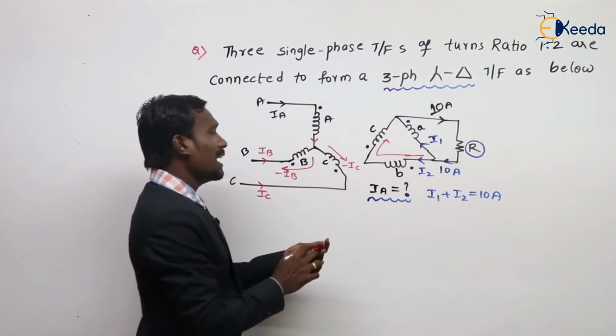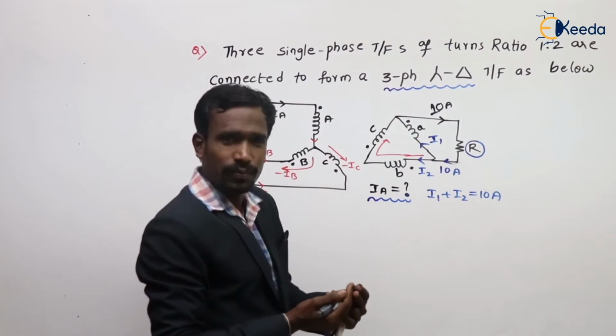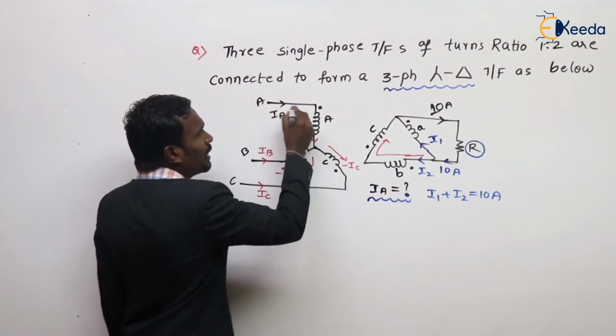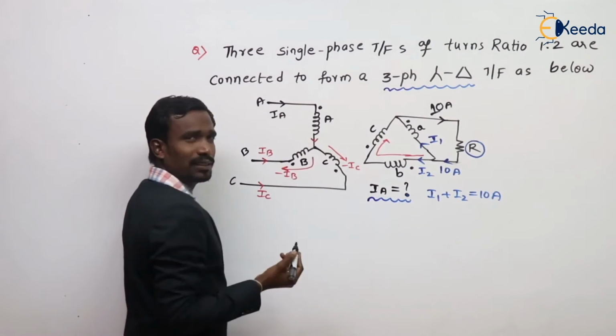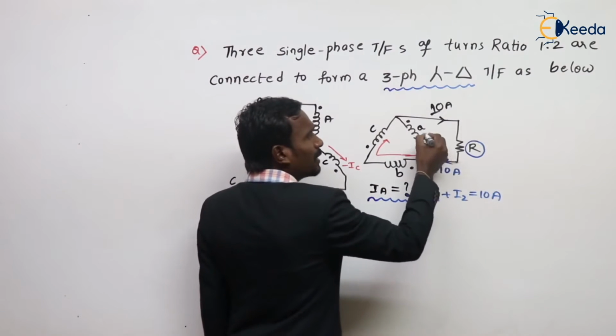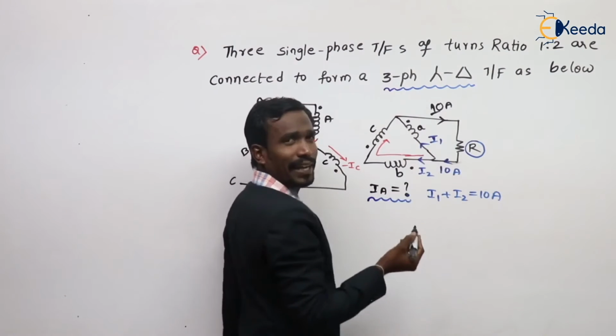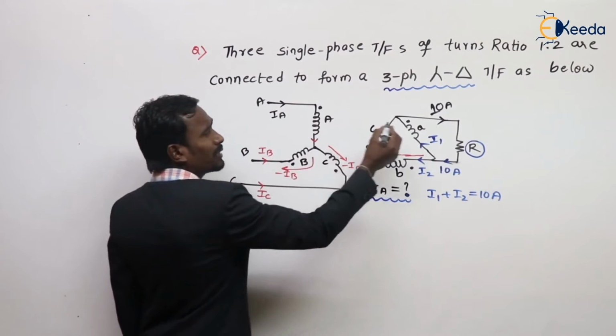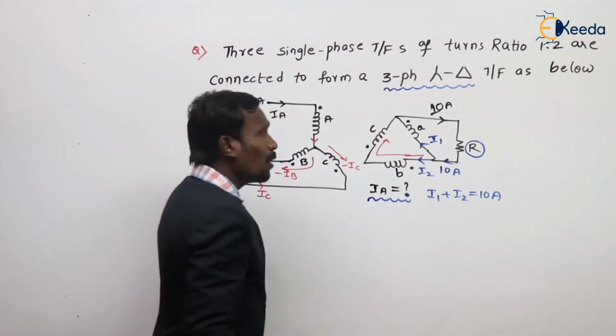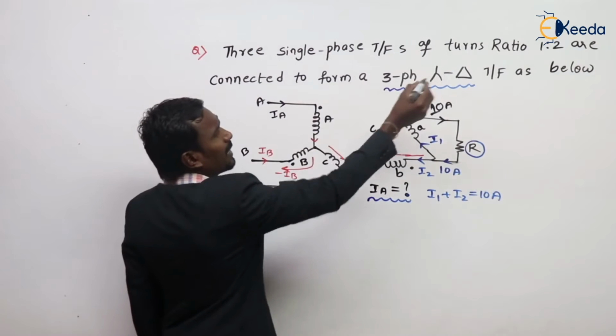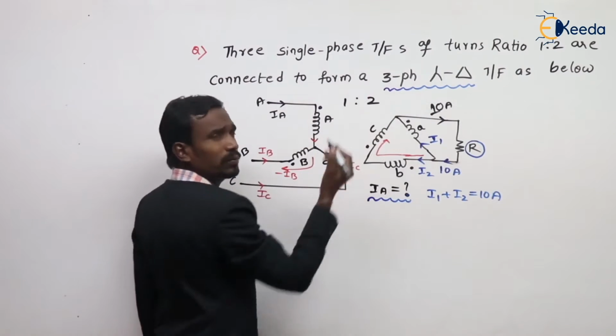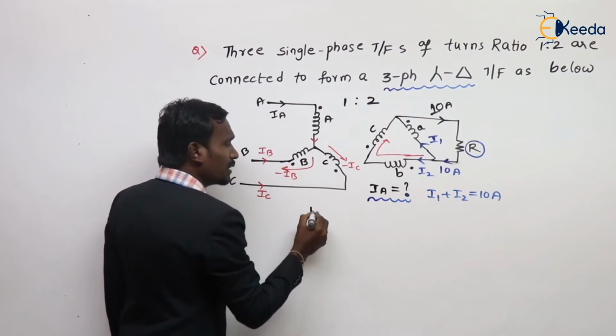So let's write the MMF balancing equation. Here IA enters into the phase, here I1 leaves from the phase A. So N1 I1 is equal to N2 I2. What is N1? The given turns ratio is 1:2. So N1 is 1.